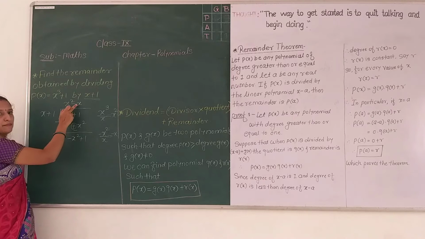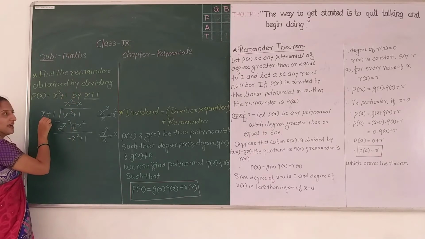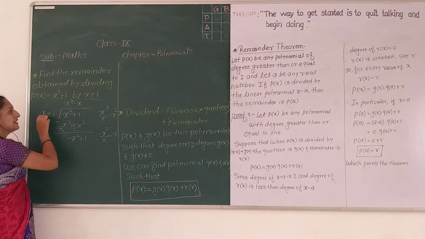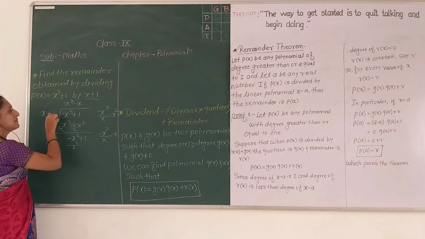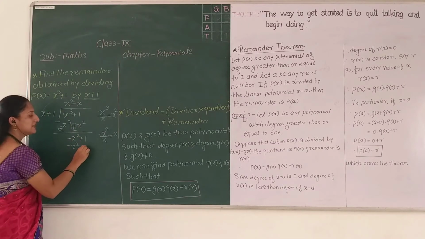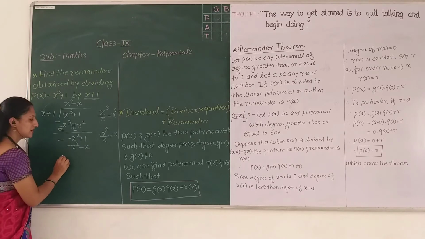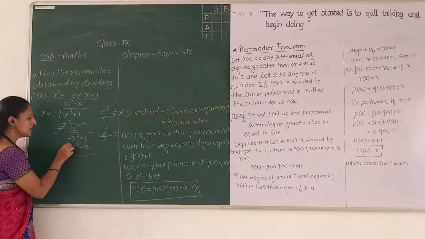Now again the same procedure. Multiply this negative x with the divisor. Negative x into x gives negative x square, and negative x into plus 1 is negative x. Again take the subtraction here. The sign of this polynomial changes because of the subtraction.